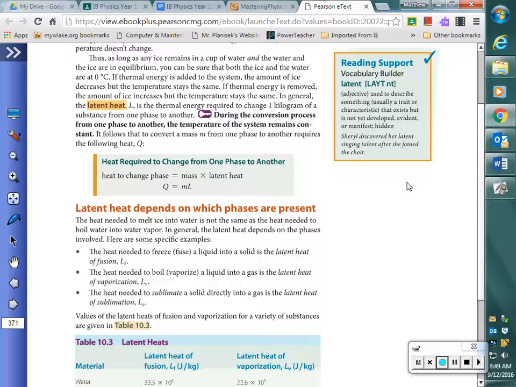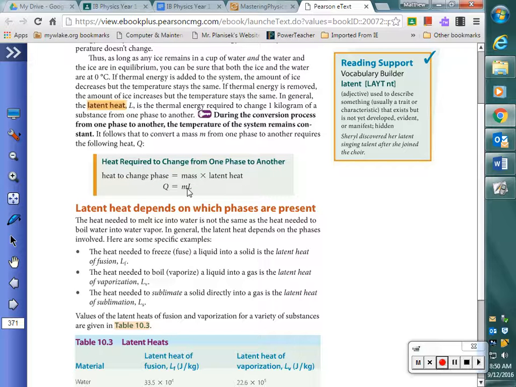It's something that's hidden. So it appears that this energy being added to our material is just going away. It's not changing the kinetic energy of the particles. And that's true, but it goes into the potential energy of those particles. So we have to account for that energy because of the whole conservation idea. And so we refer to that energy as the latent heat.